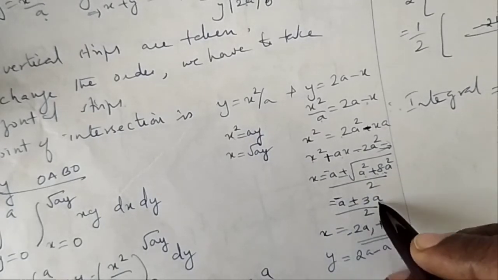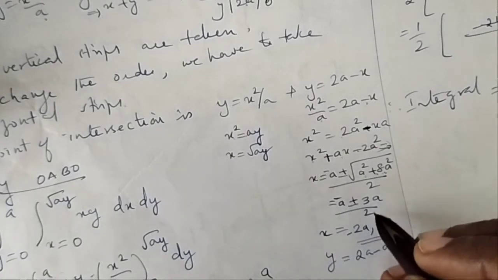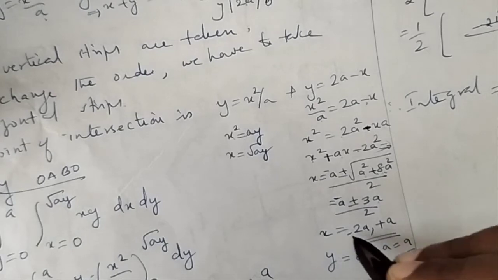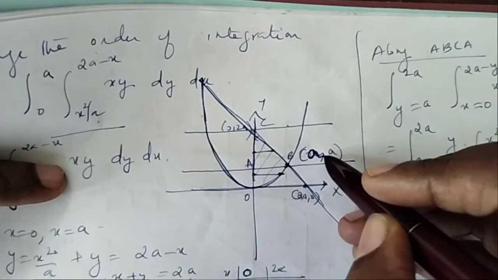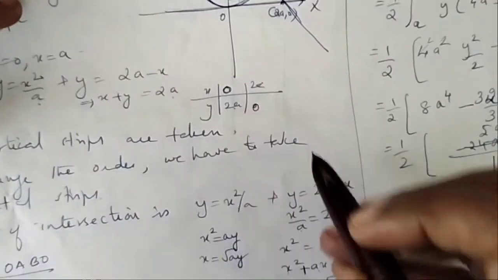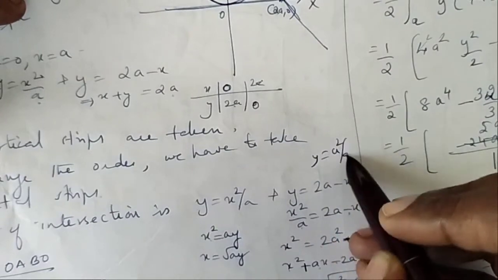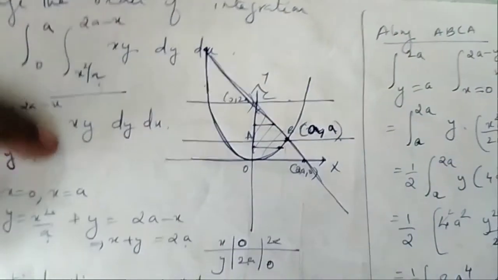So minus a plus 3a, 2a by 2, is a. And minus a minus 3a, minus 4a by 2, is minus 2a. So here also there is an intersection, where y is negative. So this point is x is equal to a. So what is y? If x is a, y is a square by a, that is a itself. Okay.